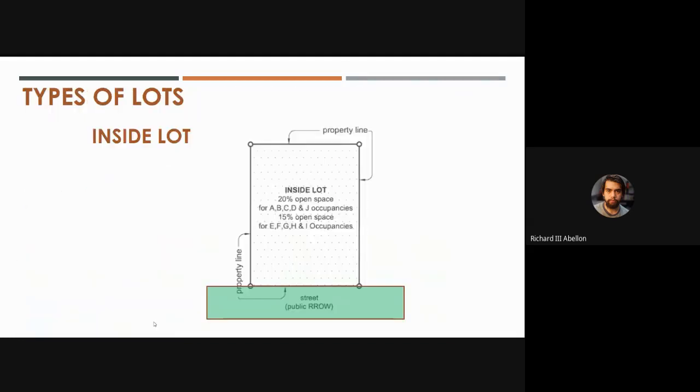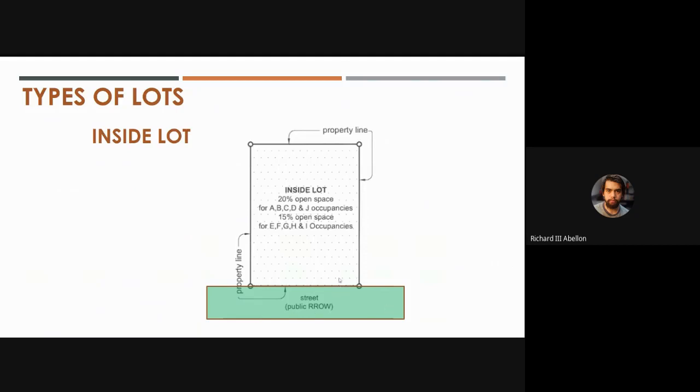Okay, so start tayo with the type of lots. Ito na yung para malaman natin kung saan yung front. Okay, so this one is an inside lot. An inside lot has one street or road right of way sa harap niya.